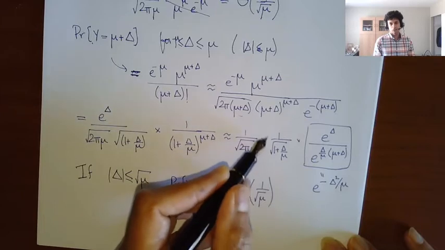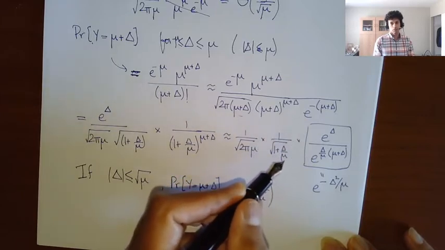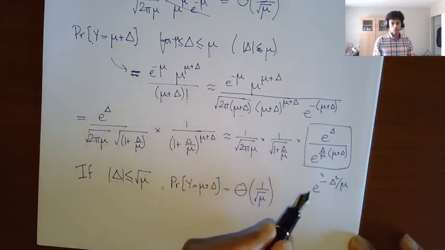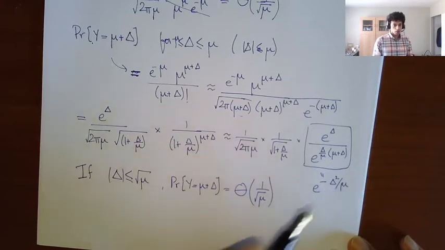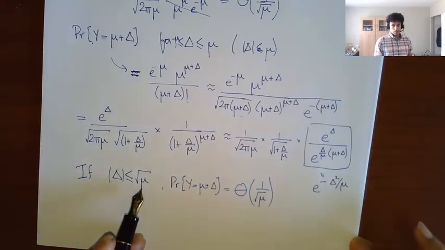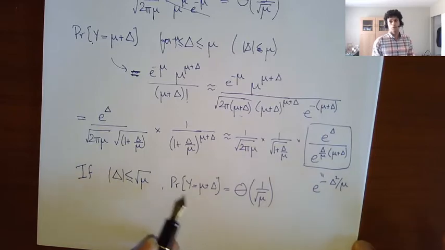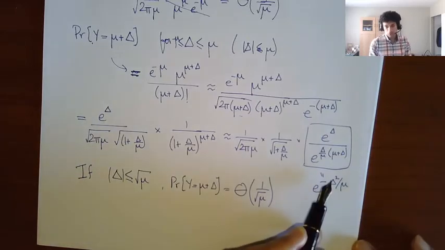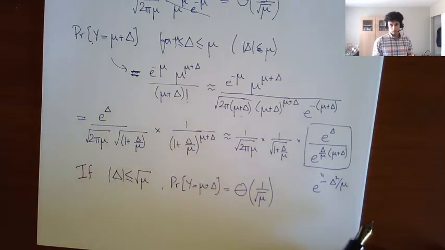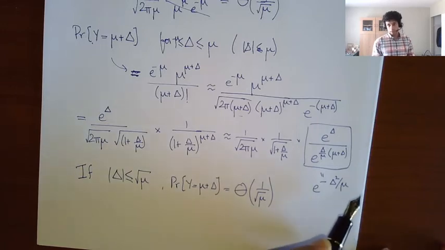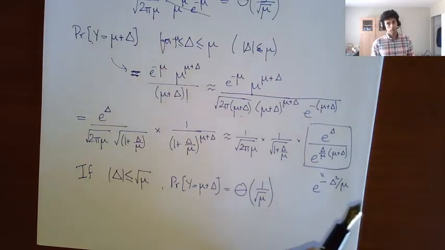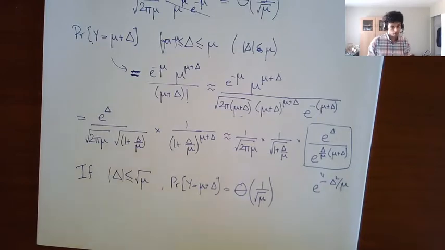The second term is just a constant. The third term is also just a constant. The moment delta starts deviating much more than square root of mu, then you start getting a tail bound. And that tail bound is exactly what you get in the Chernoff bound. You can apply the Chernoff bound, and this is exactly what you'll see.